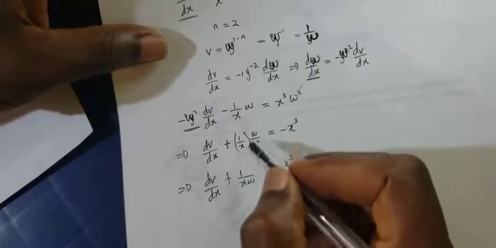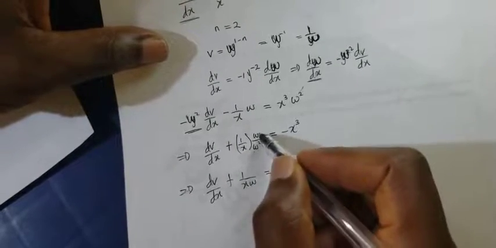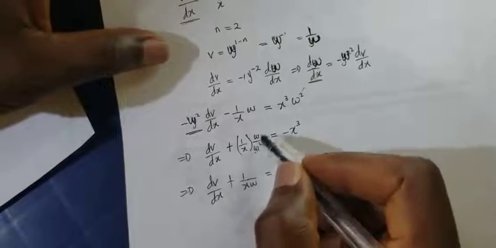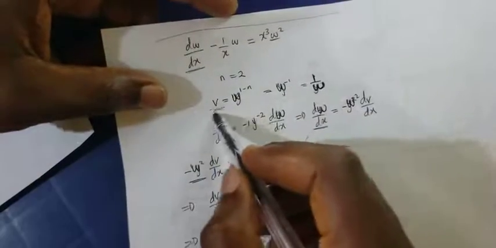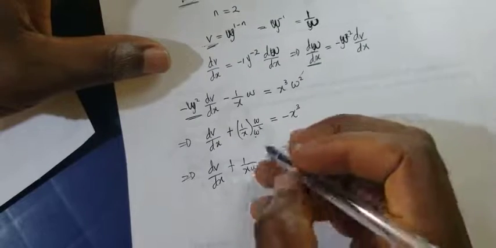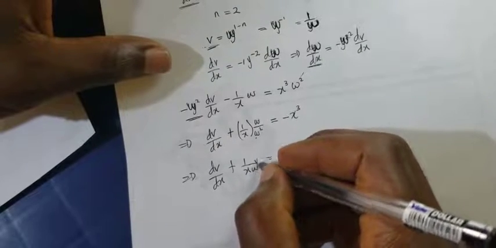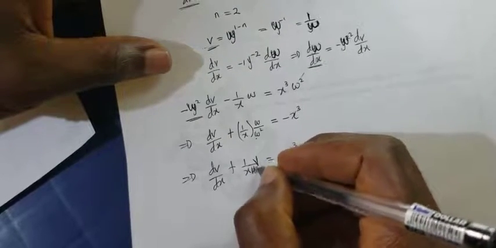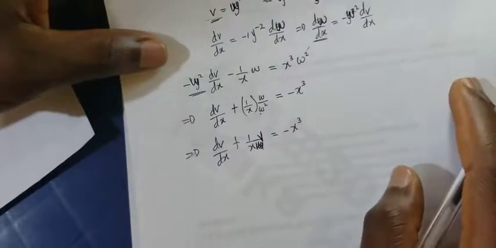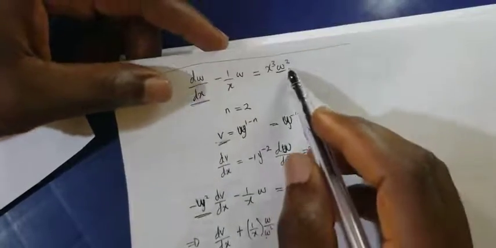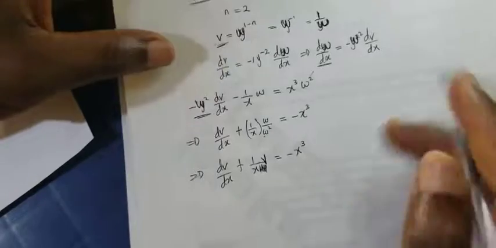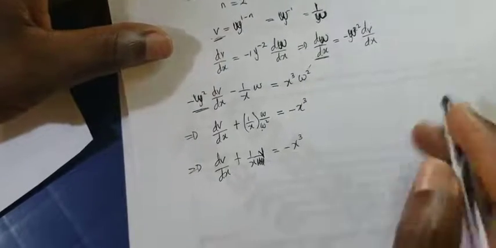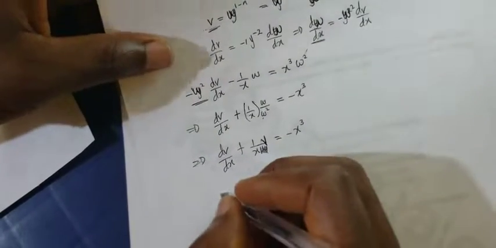So this expression w over w squared will give us 1 over w, which is v, so we can put v in that, as we have done before. So this is just 1 over x multiplied by v, to give us a linear equation at the end of the day. So we'll go from this Bernoulli equation to a linear equation now, which we can solve using our usual method. So let me write this out more clearly.